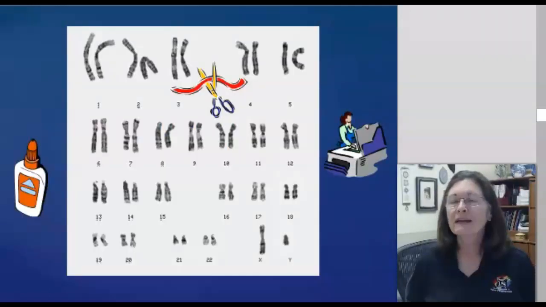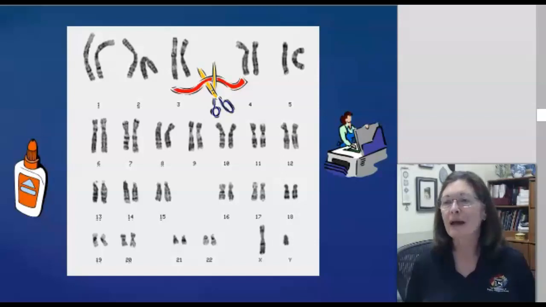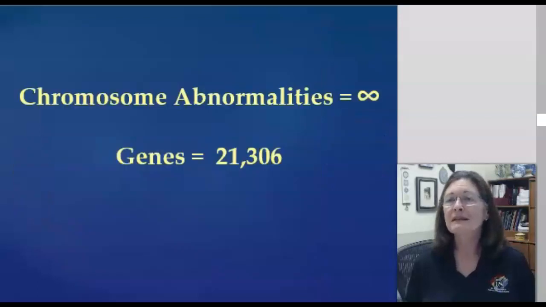So again, anything you can do to this picture with scissors, glue, and a copy machine can really happen, and it does really happen, which means there's an infinite number of chromosome abnormalities. So you can't have a syndrome description for every single one because they're almost infinite. But there's only just over 21,000 genes in the human genome.